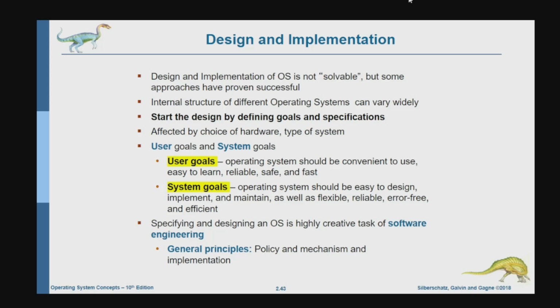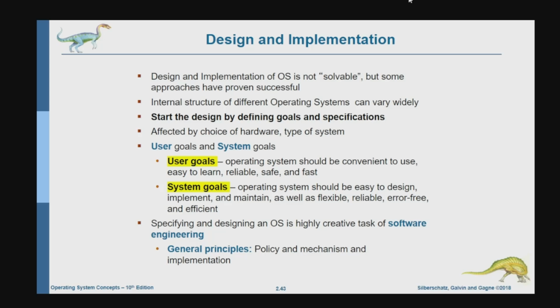So user goals and system goals are different. User goals mean the operating system should be convenient to use. What is your preference towards the OS? These are the goals for the user, because we are the users.